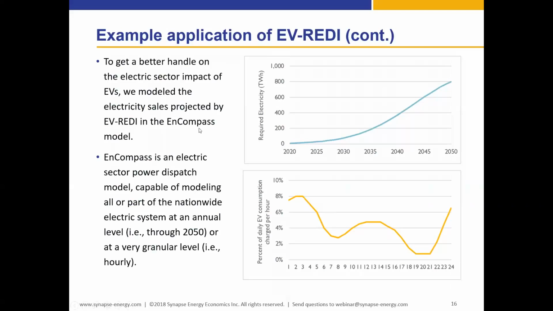But just to give you a sense of perspective, the level of EV deployment in our extended trends yields an increase in required electricity shown by this blue curve here. So basically by 2050, this requires an increase in electricity sales, or electricity generation rather, of 800 terawatt hours. That seems like a lot, and it is for sure. It's about a 20% increase over the amount of generation that we have in place today.